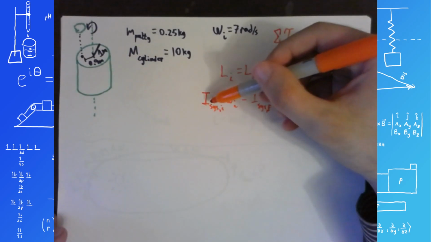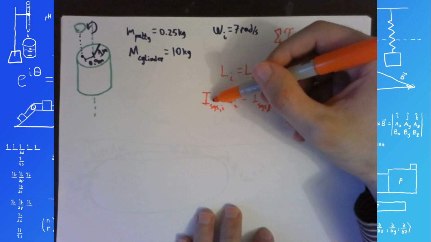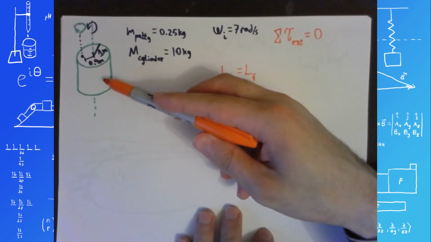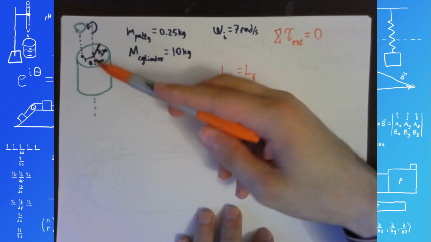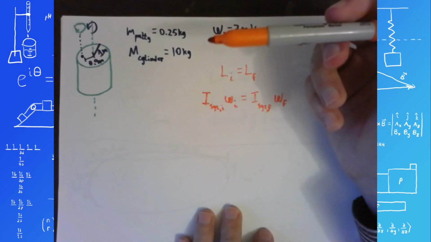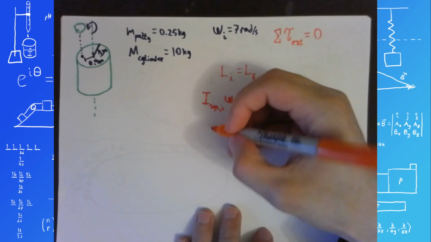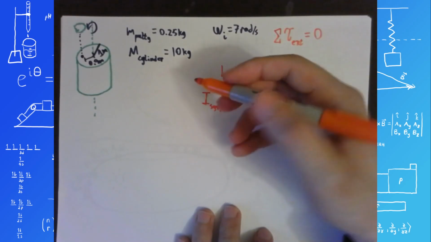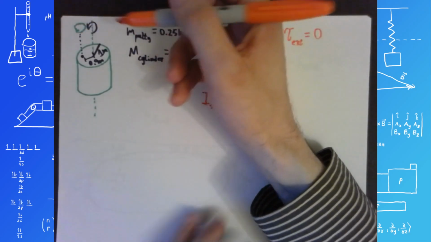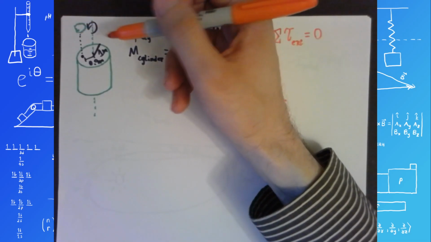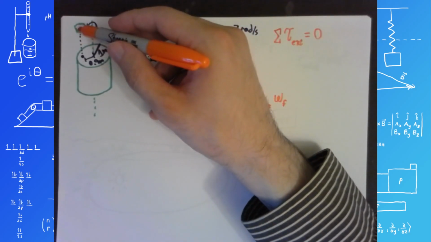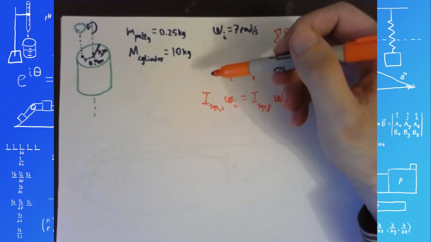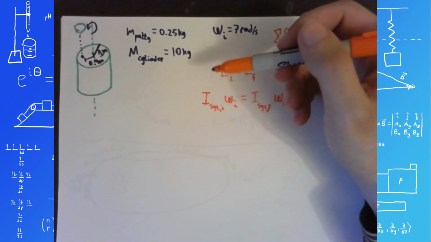Over here, the moment of inertia of the system initially is just the moment of inertia of the cylinder. The piece of putty isn't rotating around any axis at the beginning because it's still being dropped. It doesn't have a moment of inertia.